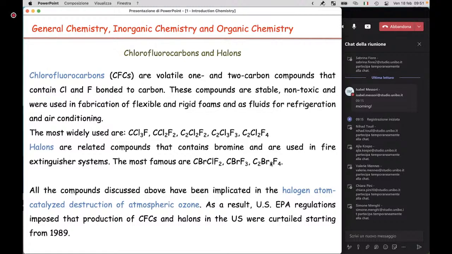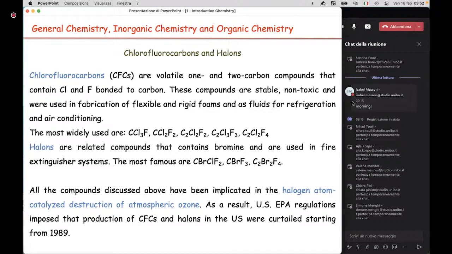Okay, those gases are not toxic by themselves. They have no very direct toxicity, but as I think everyone knows, CFCs are very dangerous for the ozone in the atmosphere, in the stratosphere in particular, which is a layer of our atmosphere that protects us and the whole environment from ultraviolet radiation from the sun.